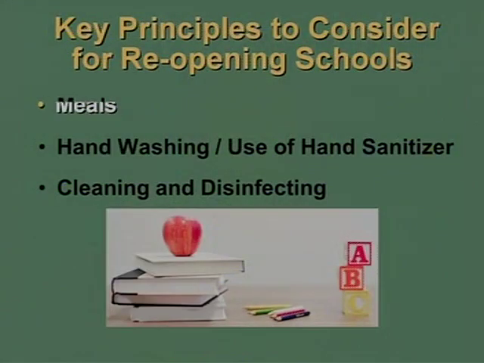The next key principle is the meals. The recommendation at this time is that you limit the number of students that are in the cafeteria. One way you could do this is to have your students remain in their classrooms for recess and for lunch.